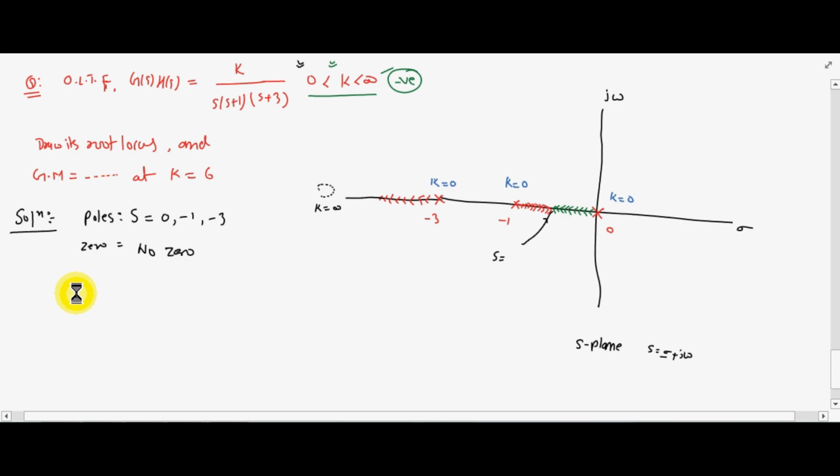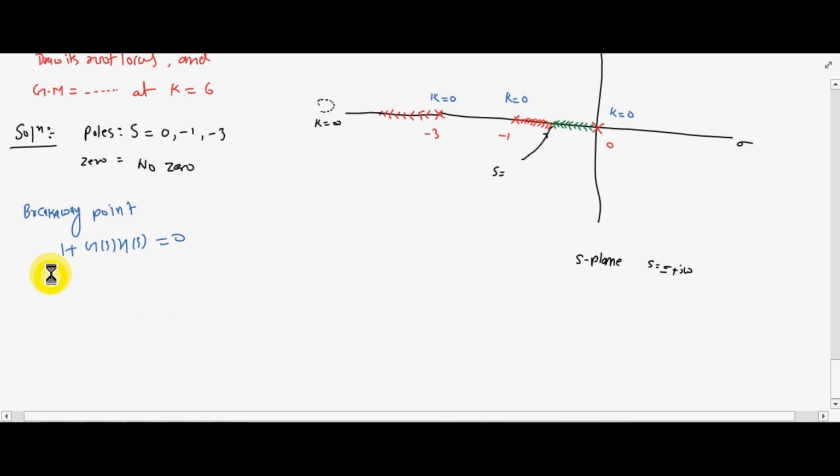To calculate the breakaway point, we have a process. The breakaway point can be calculated with the help of the characteristic equation. Just write the characteristic equation for your given system: s into s plus 1 into s plus 3 is equal to 0.